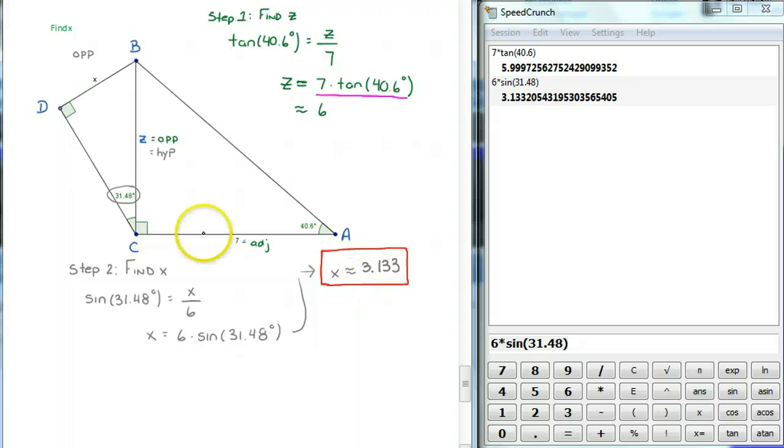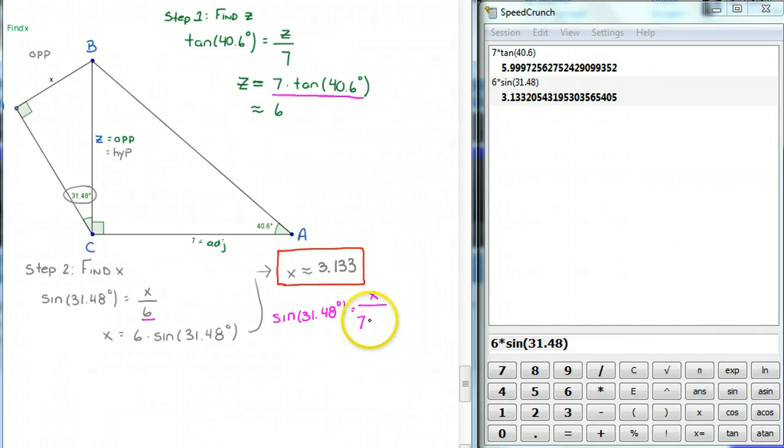I could actually write sine of 31.48 degrees is equal to x over, and instead of putting the value 6, I'm going to write 7 times tan of 40.6 degrees. So 7 times tan of 40.6 is just a number, so I can multiply both sides by that.